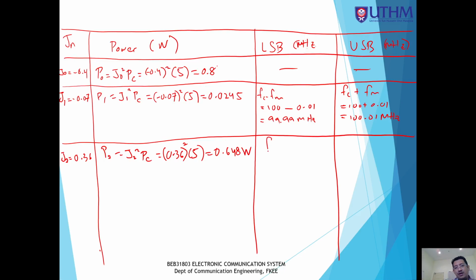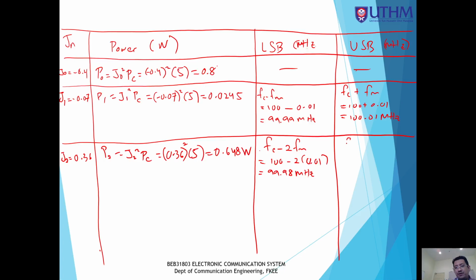The frequency is located at Fc minus 2Fm, which is 100 mega minus 2 times 10 kilo, 0.01. So you get 99.98 megahertz.